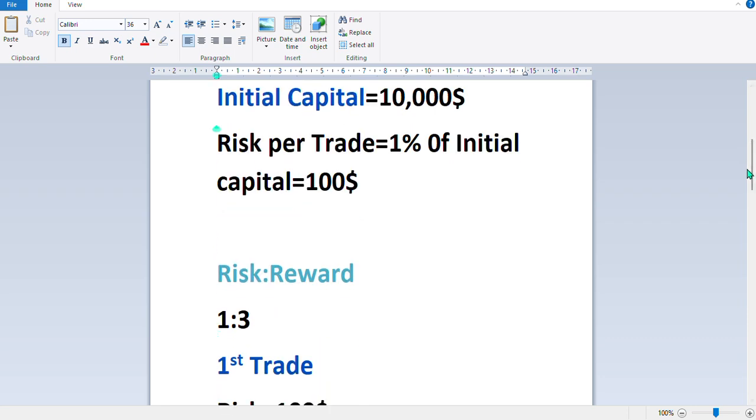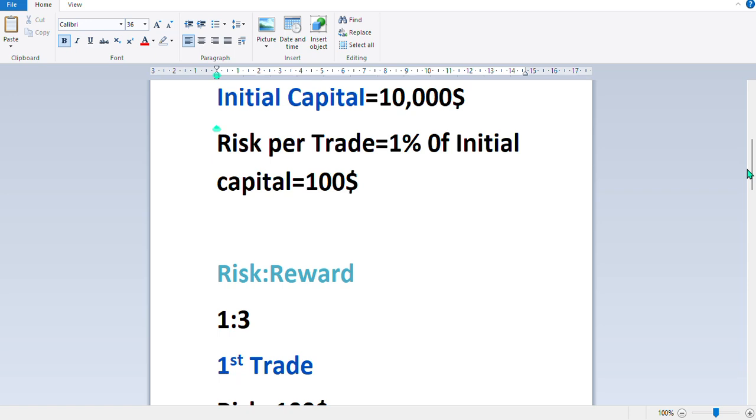$100. Now let's look at the risk to reward ratio. Our risk to reward ratio will be 1:3. It means that if you're risking 1, you're looking to make 3.